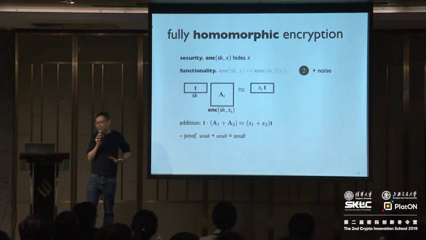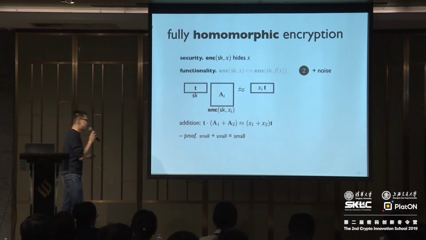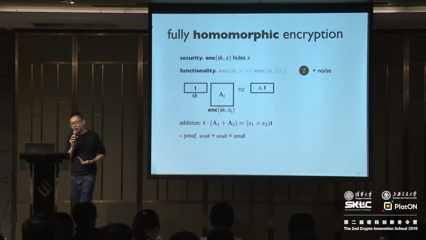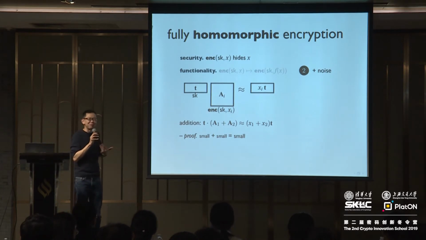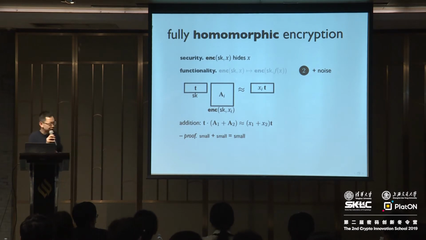Basically, by linearity, this is correct, and this follows from the fact that small plus small is still small. Okay? Now, the small on the right-hand side is going to be slightly bigger than the previous small, but let's just ignore the issue for now. Whether things become a little bit less small, as long as they stay generally small, we're going to be okay. Alright? So this is okay for addition.